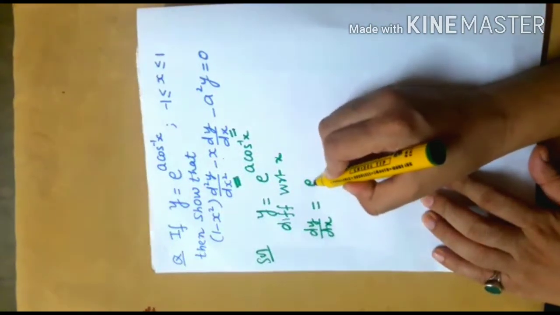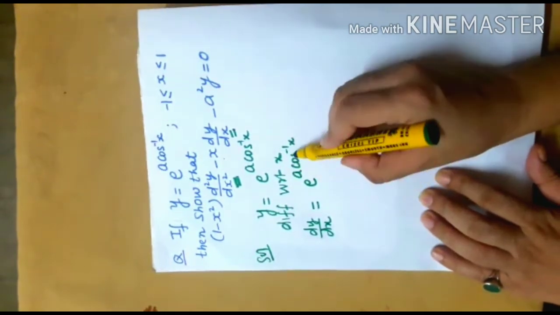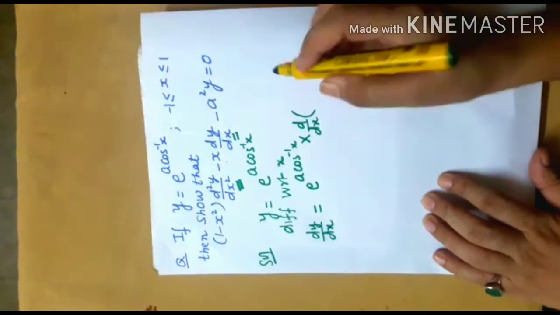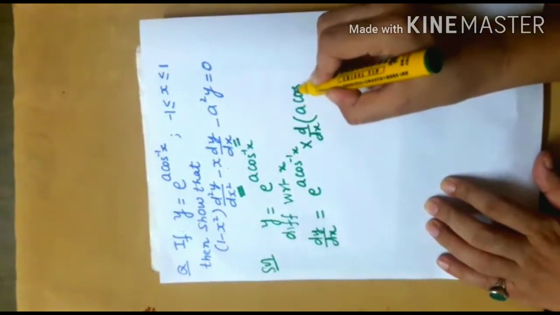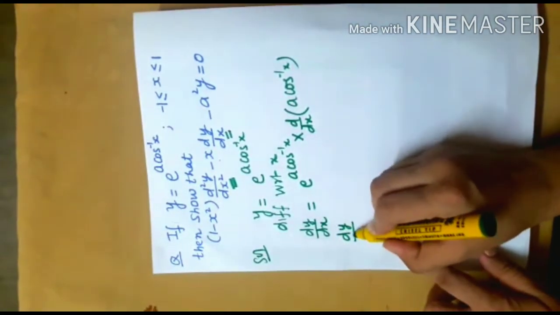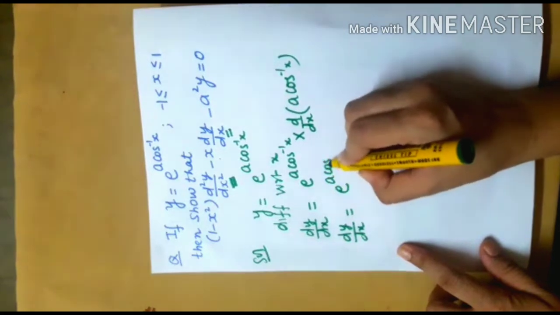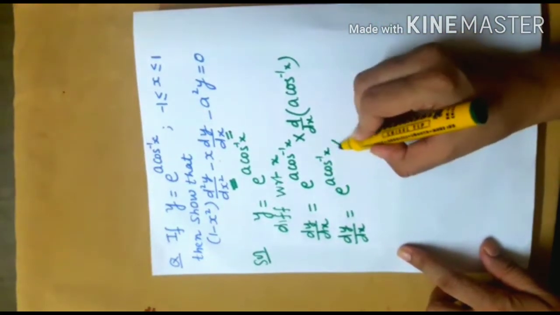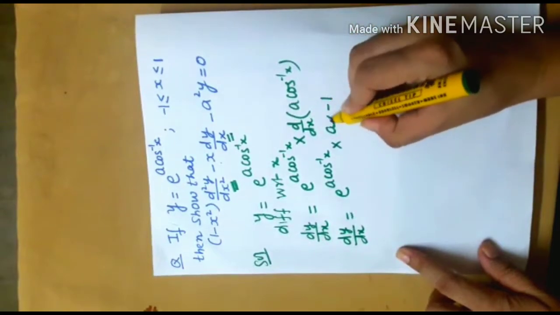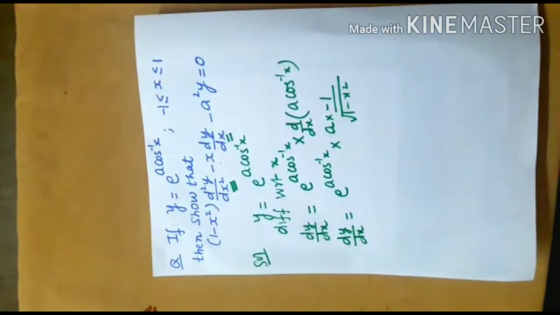Yes, derivative of e raised to the power x is e raised to the power x, and the role of x is being played by a cos inverse x. By chain rule, multiply it with derivative of a cos inverse x. So it will be dy by dx equals e raised to the power a cos inverse x into a, and derivative of cos inverse x is minus 1 over root 1 minus x square.